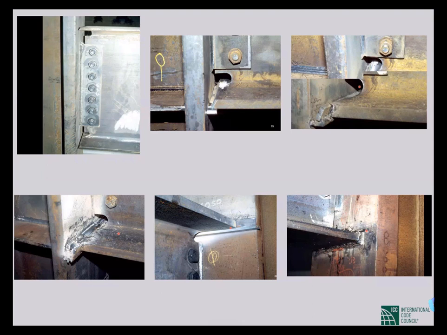After that, the requirement of the code is that the welding must be tested by non-destructive testing, NDT. So that is the complete process of welding the beam flanges to the column flanges.